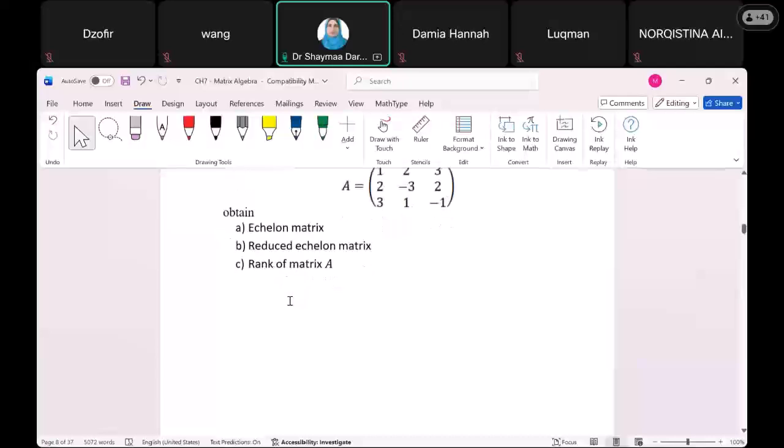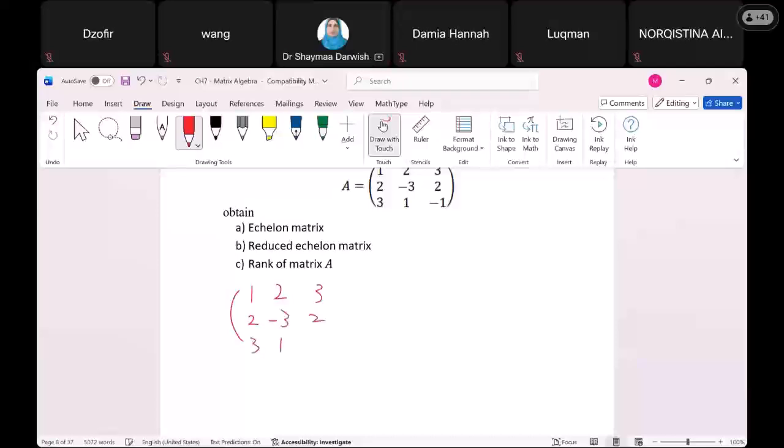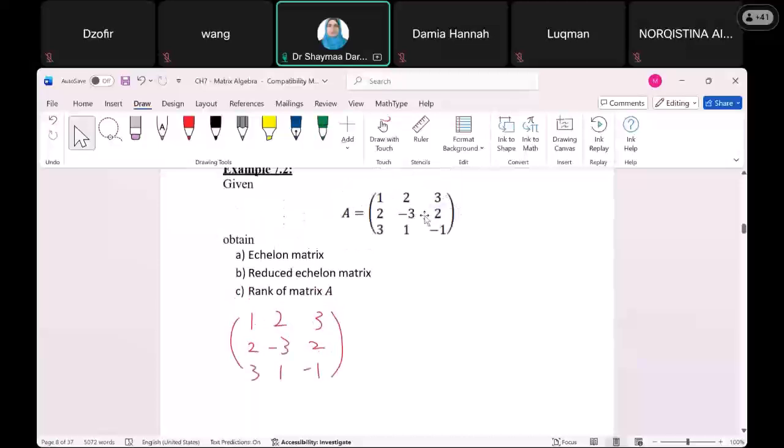Okay, so I have here 1, 2, 3, 2, minus 3, 2, 3, 1, minus 1. The first step to convert any matrix to row echelon or reduced row echelon form: if you have any row that is entirely zero, it should be moved to the bottom of the matrix.